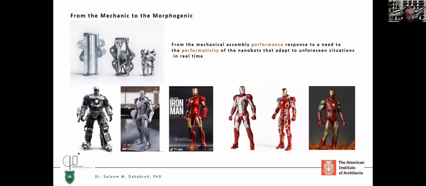What is most interesting in this development of the suit is that it tracks the mechanization and modernization process in industry and in architecture, starting with the mechanical, refining the mechanical and assembly, modifying the appearance, and moving towards the morphogenic, still in an assembly, the gene, development of the gene, until finally we reach the age of the nanobots.